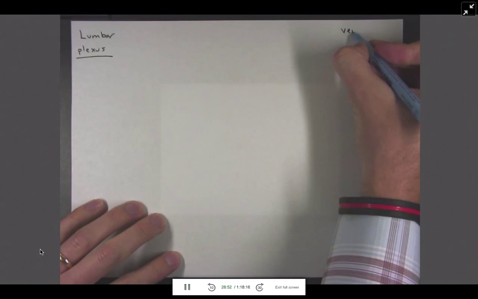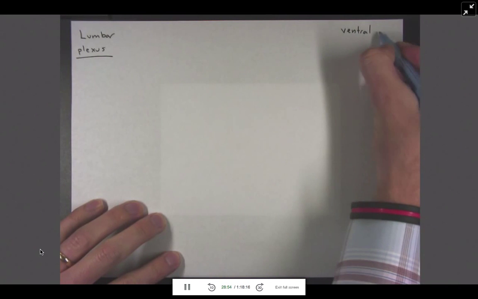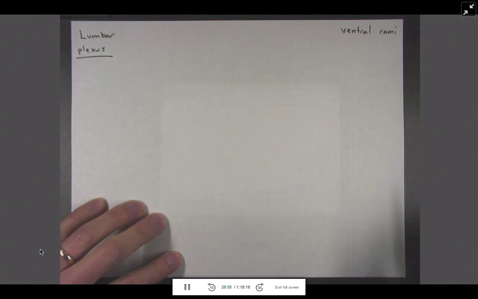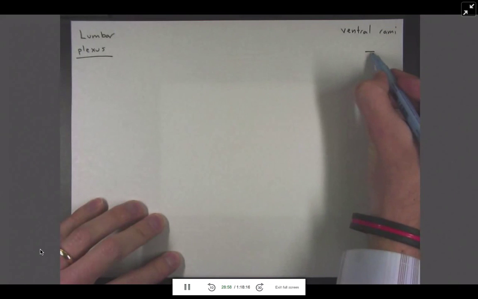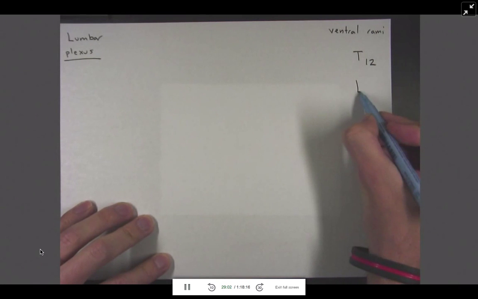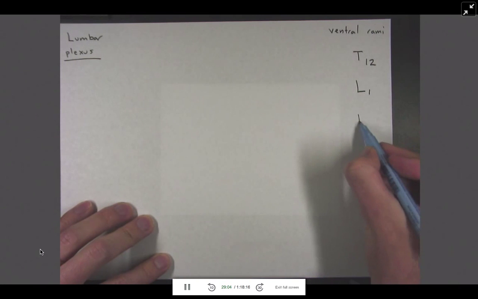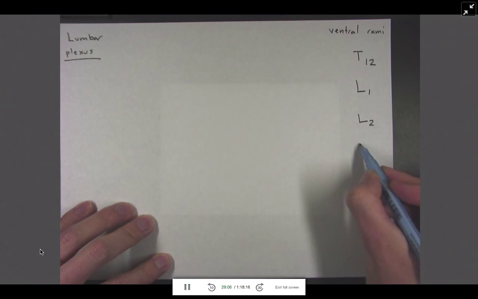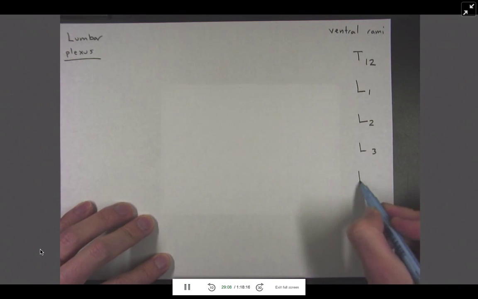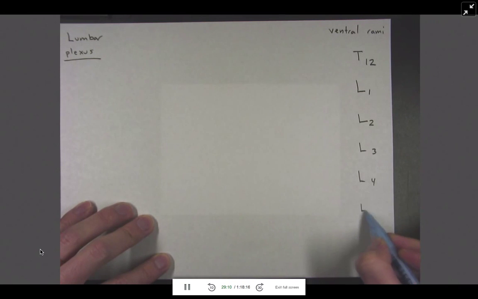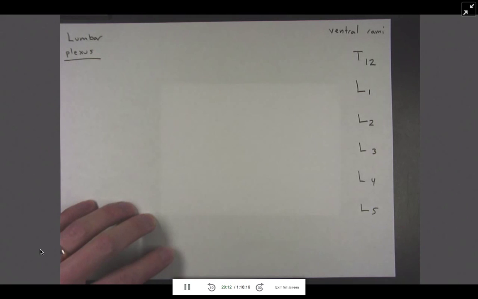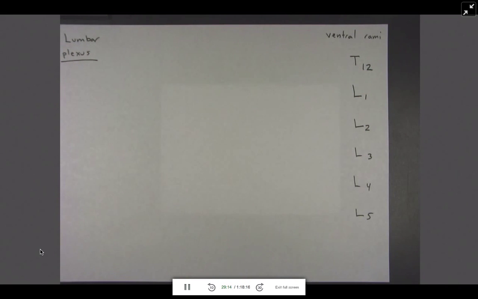So just remember, these are ventral rami of the following spinal nerves. T12 as a landmark, then L1, 2, 3, 4, and 5 as the actual components of the lumbar plexus.